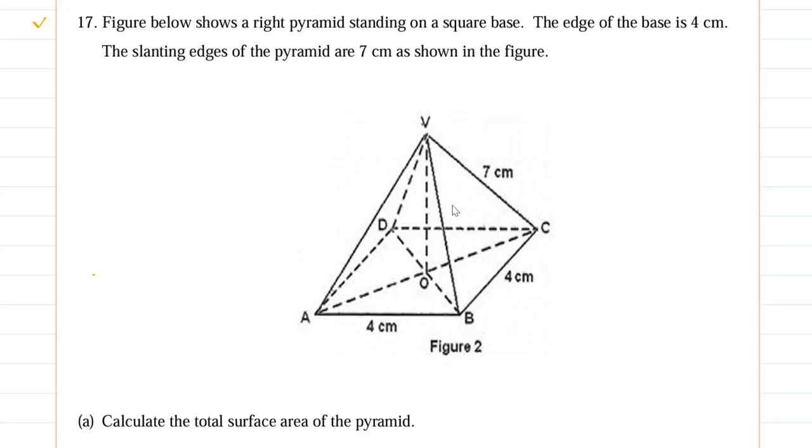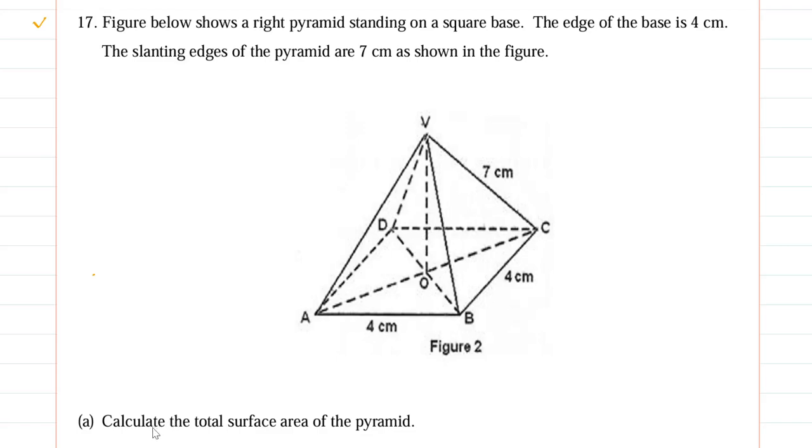And then there's another one on this side, that is V, B, and C, and back to V. That is the second surface. And then the third surface is behind, that is V, D, C, and back to V. And then the last surface is A, D, and V.